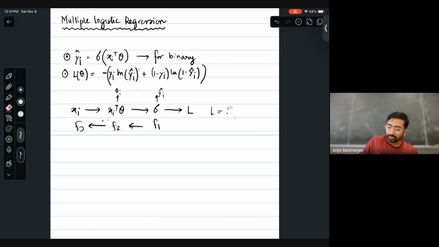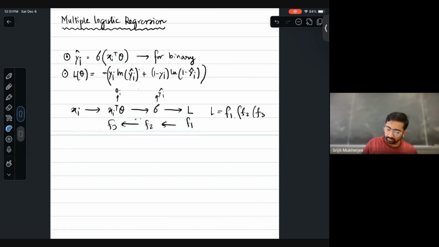The most outside one will be f1, then f2, then f3. You can see the theta is actually in the deepest layer, so you're propagating backwards to find the loss. So this is the basic idea of why it's called back propagation.